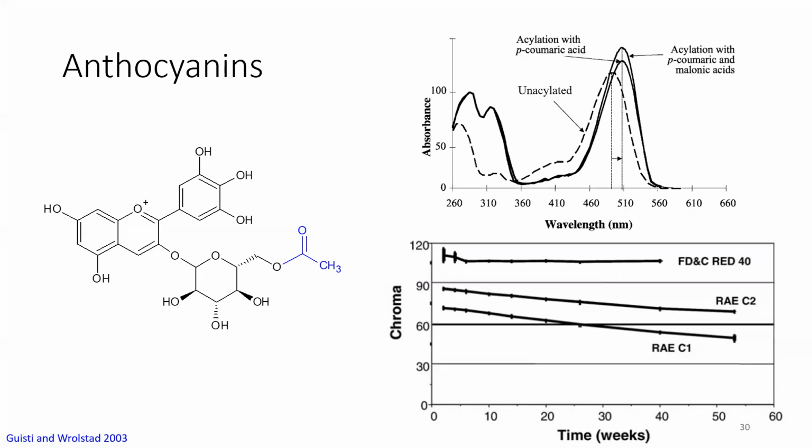So these acylated anthocyanins exhibit pretty good stability. You see that the intensity of the color is far lower than the red 40. So you see that the intensity and the stability and everything is much worse with these natural colors than they are compared to red 40.